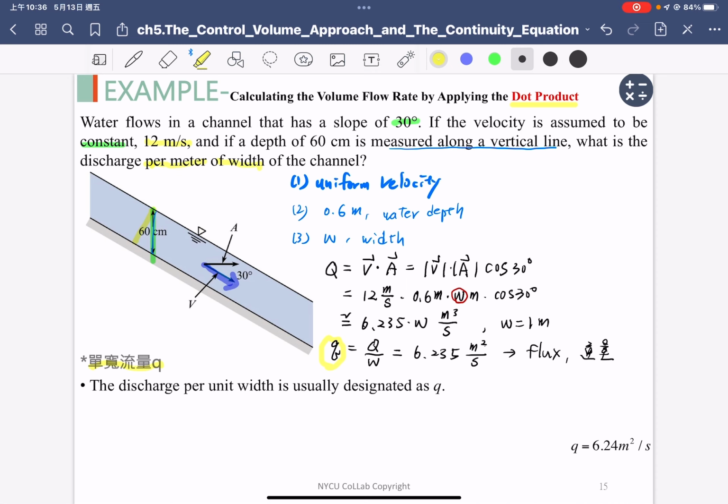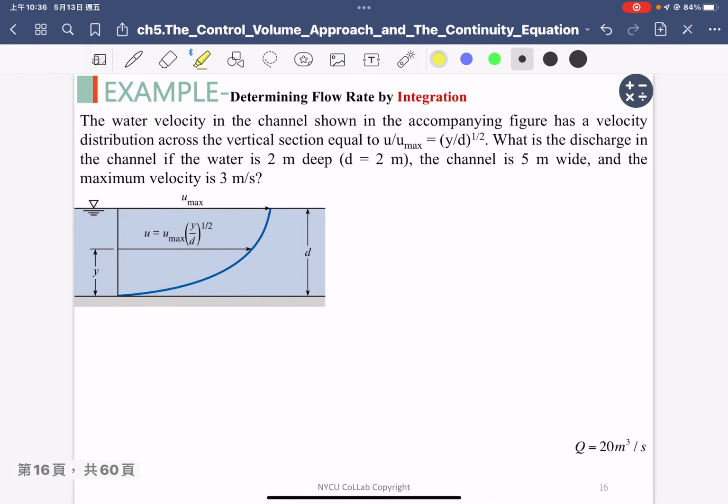For the third exercise here, I highlight that what we need to use is integration. So again, we have the velocity function, and this is the velocity function shown here.